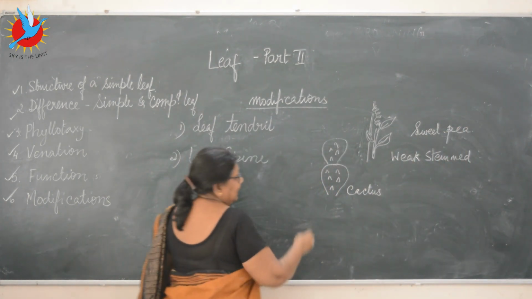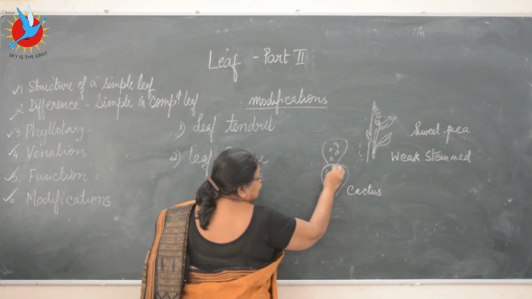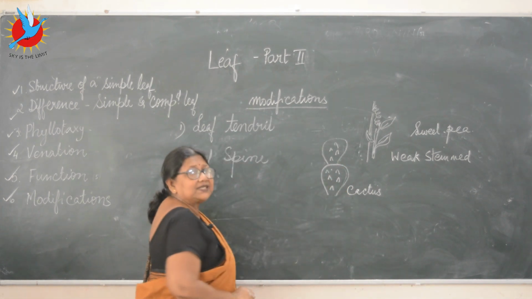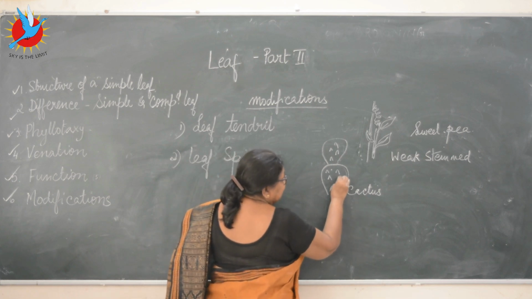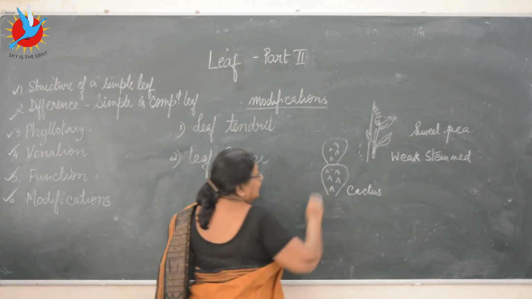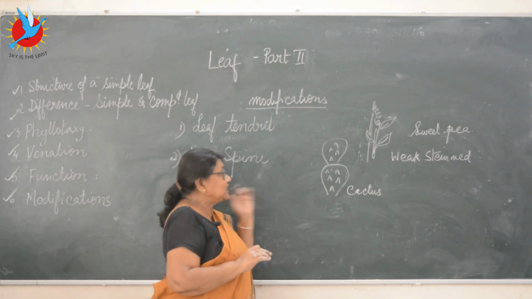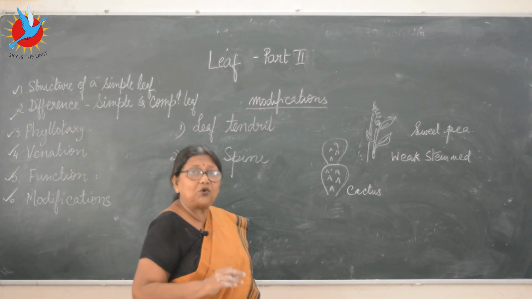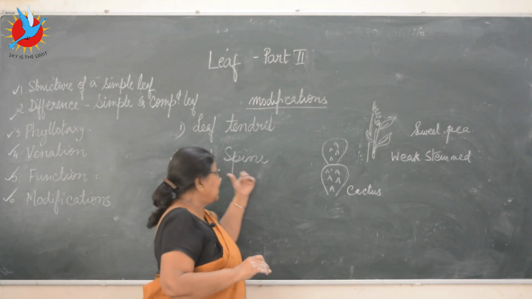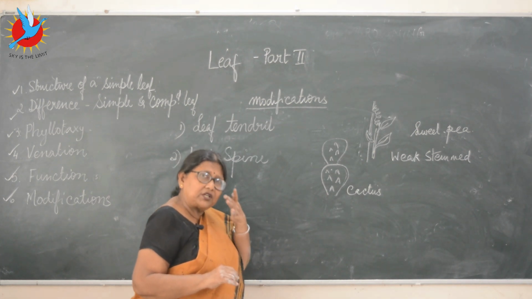Now here, this flat green part actually is the stem. This is the stem of the plant. And the leaves reduce themselves into small spines. Why? To reduce the surface area, because mostly these plants are grown to store water in them. Just now we learned the function, transpiration, giving out of excess water through the leaves.